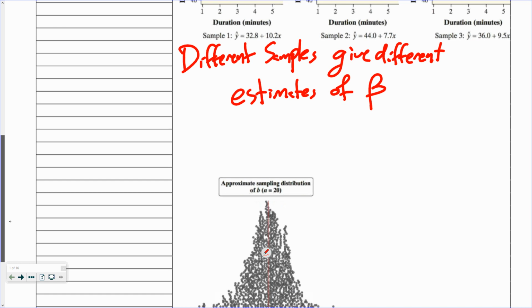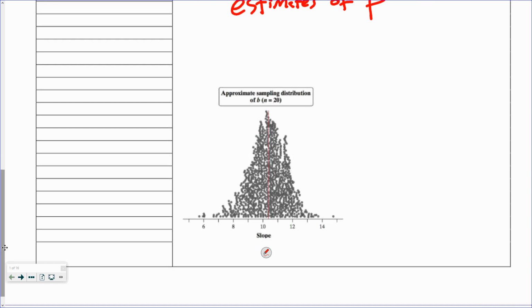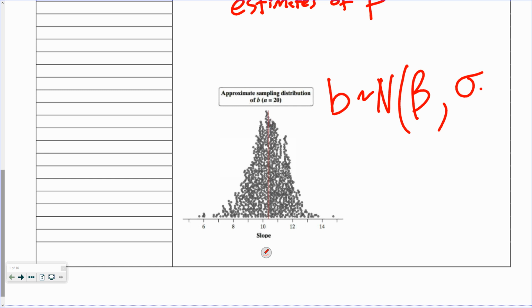We're not going to need to do a sampling distribution in quite the same detail we did in Chapter 7 for mu's and p's, that is, sampling distributions of x bars and sampling distributions of p hats. But we are going to say just generally that b is going to be distributed approximately normally with a mean of the true slope and a standard deviation that I'm not really going to concern ourselves with. I'm just going to call it sigma b hat. I'm not going to tell you where it comes from.